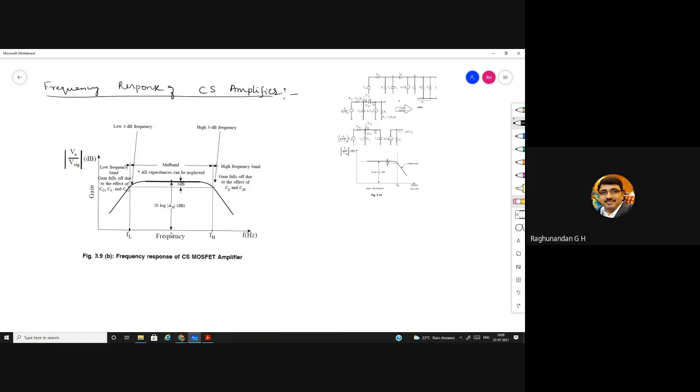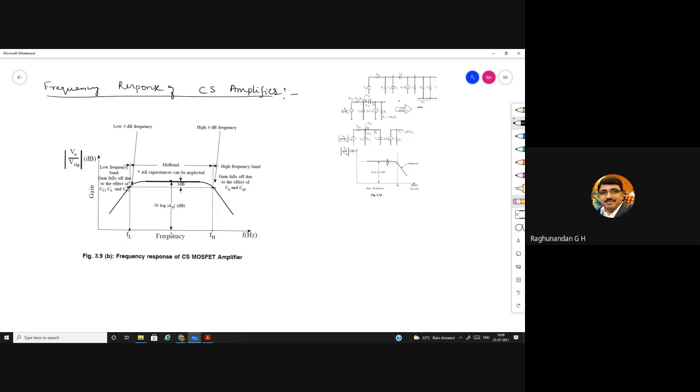At the points where this horizontal line intersects the response, we take vertical lines, and these will be your lower cutoff and upper cutoff frequencies. And this is your midband gain AM. Whatever we have here will be the midband gain. If you are not converting in terms of decibel, then you will take 1 by root 2.